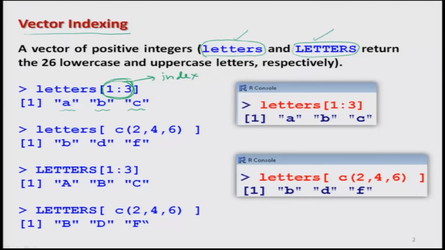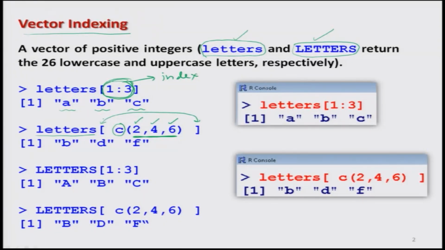Similarly, in case I want to call any particular values, say the values at position number 2, position number 4 and position number 6, I write down all these indices inside the combine command c, and then I use the syntax letters with this square bracket.